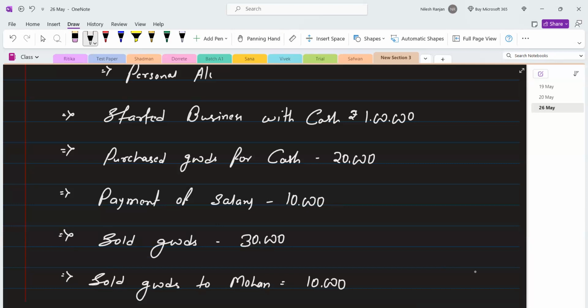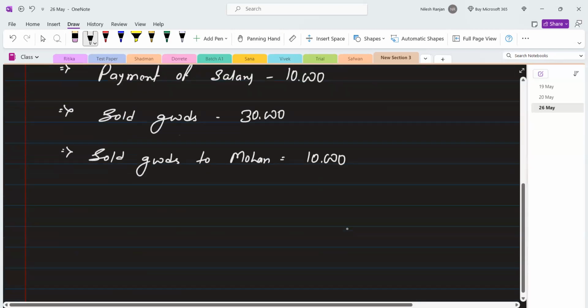Now, if we have to pass journal entry, first of all, we have to prepare the format.